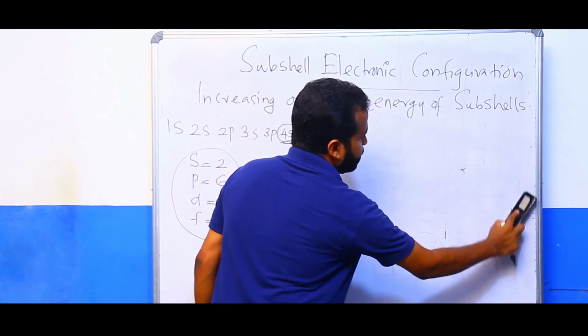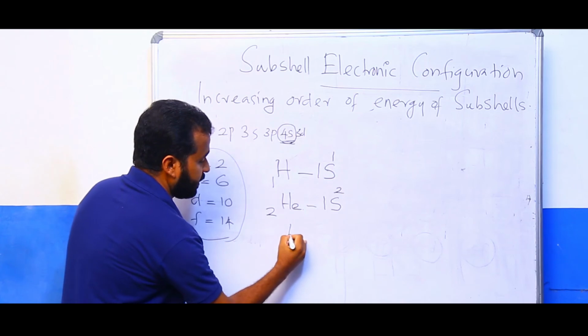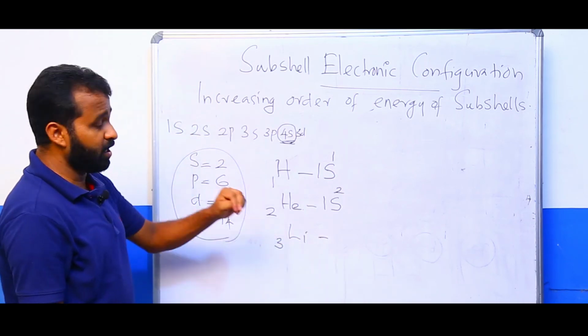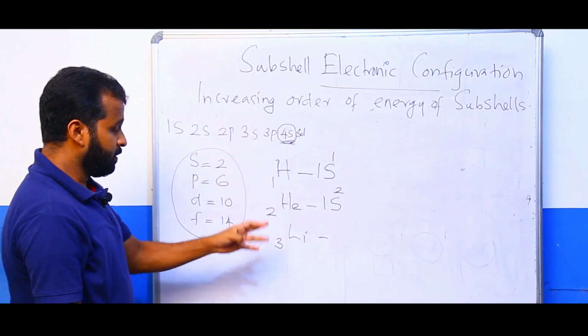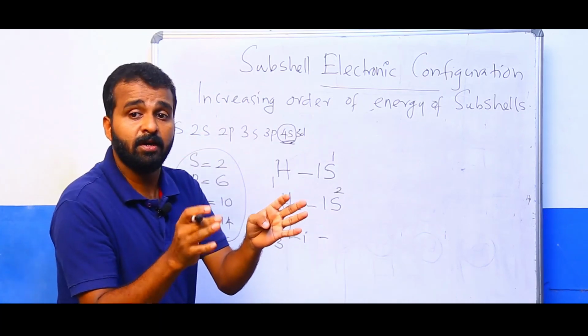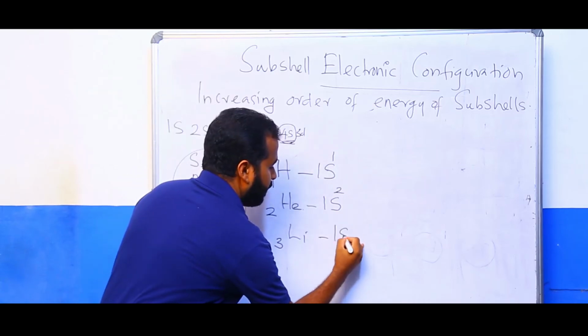After helium, the next element is lithium with atomic number 3. How can we write the subshell electronic configuration of lithium? First, electrons are filled in the first subshell, 1s.